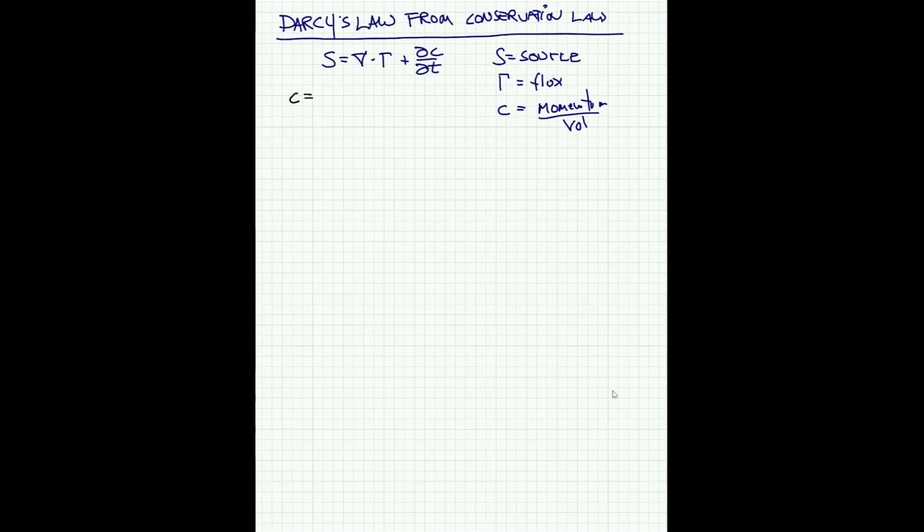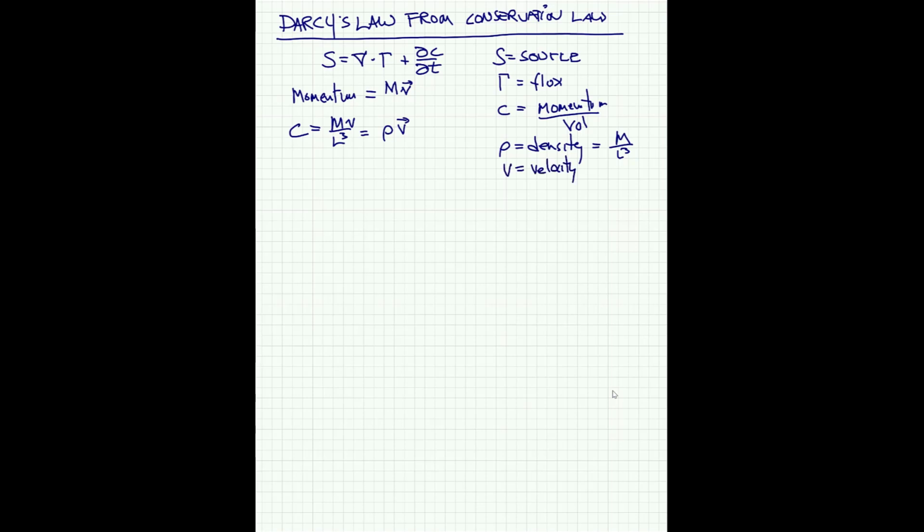So let's see. C is, well, let's write out momentum here: mass times a velocity. And C is going to be momentum per unit volume. And that's equal to density times the velocity, where rho is density, and that's mass per unit volume of the fluid. V is velocity of the fluid.